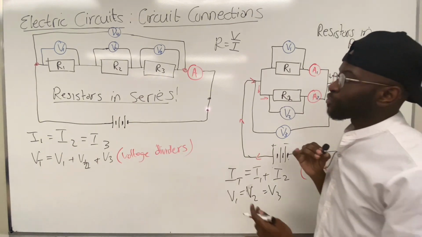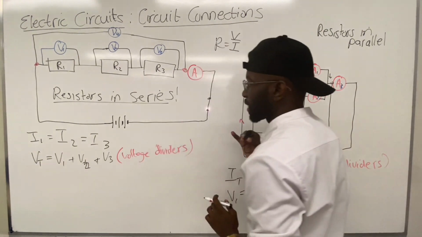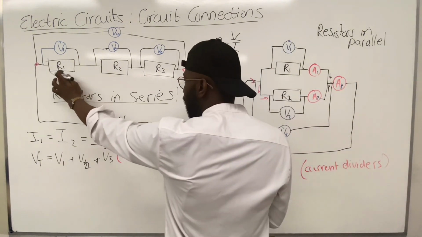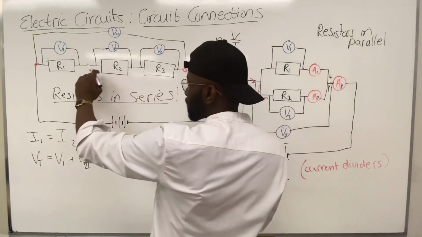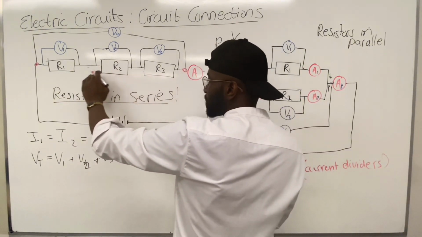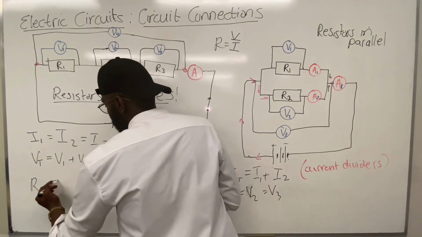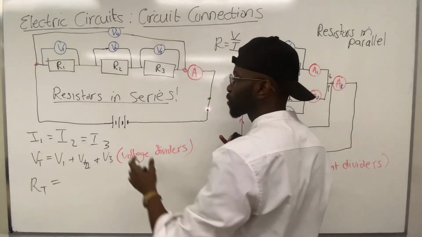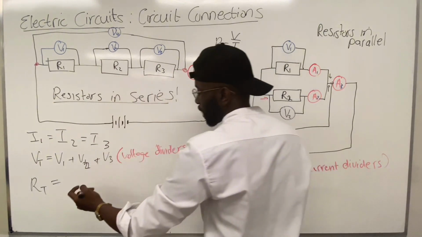Now, in a series connection like this, you have R1, R2, R3. It's pretty clear to see that to find the total resistance, we're just going to take R1, add R2, and add R3.